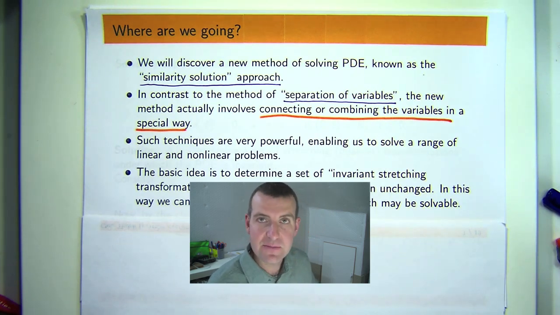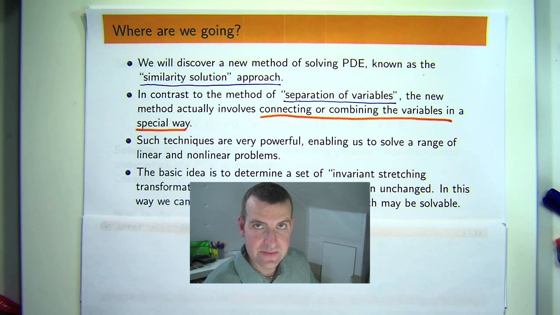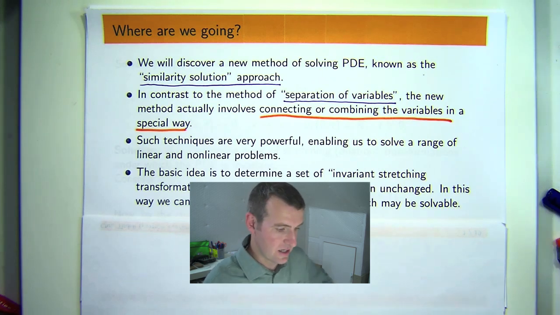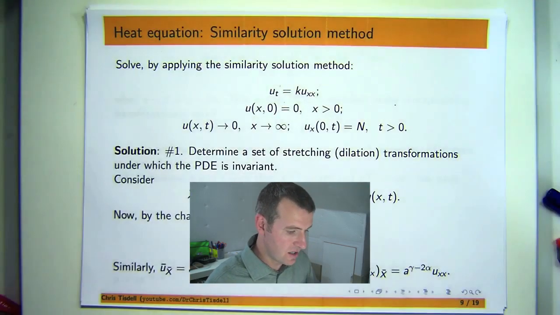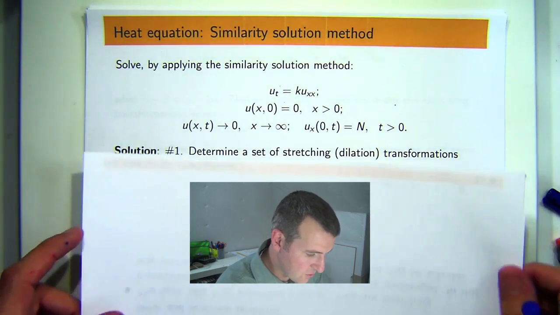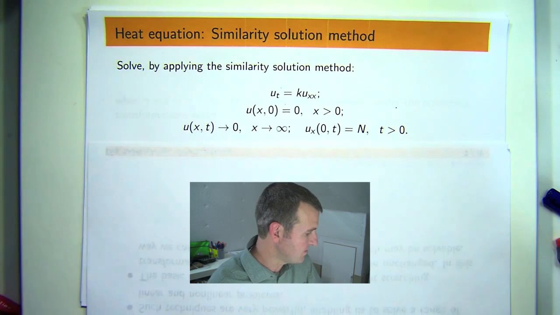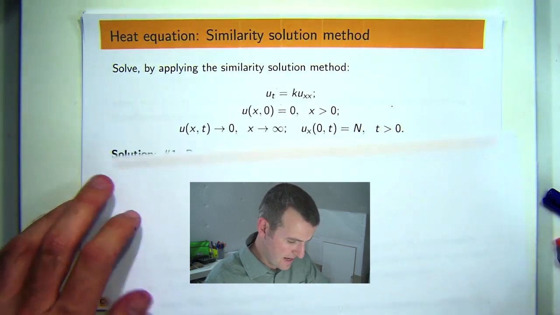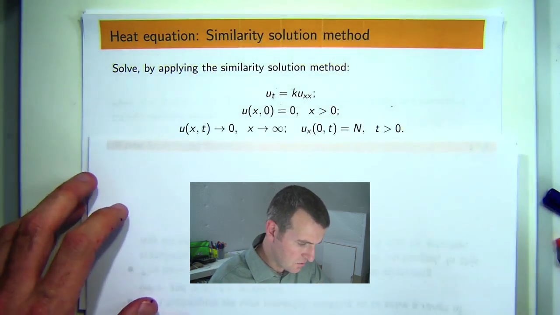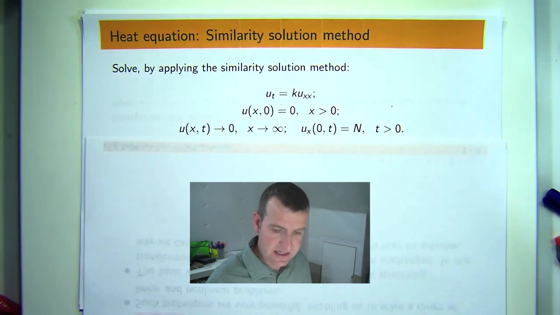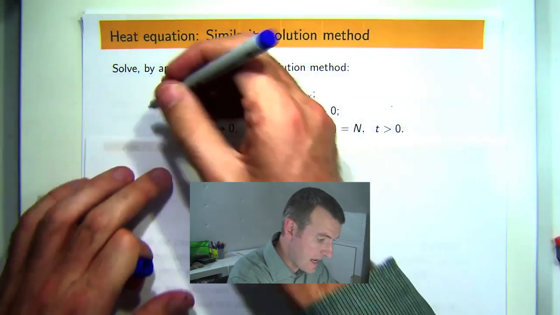Continuing that process, you can reduce the PDE down to an ODE, which hopefully is pretty easy to solve. Okay, so I'm going to work my way through the following problem, and I'll talk about the steps as we go.